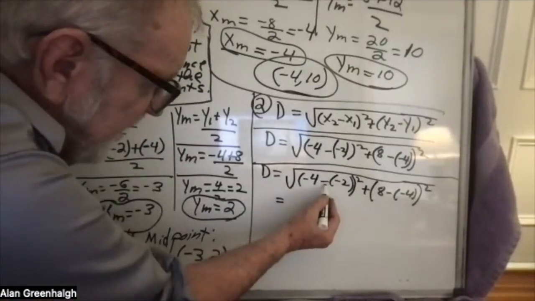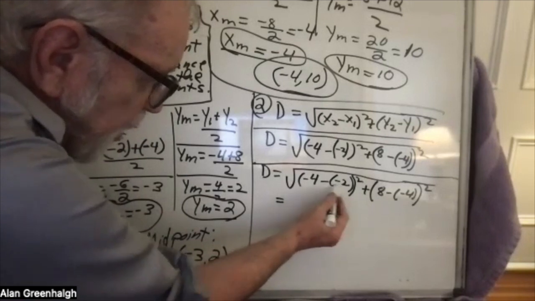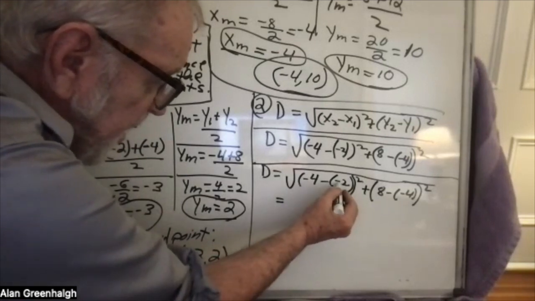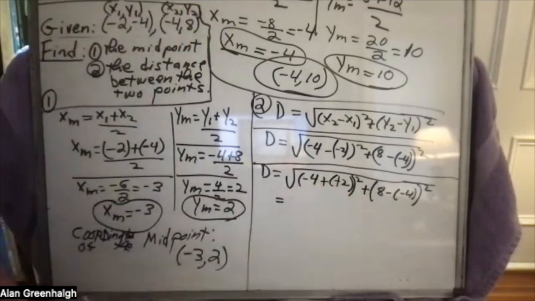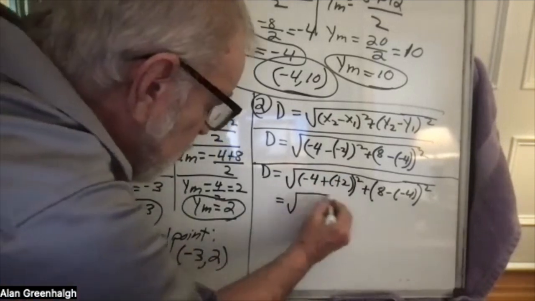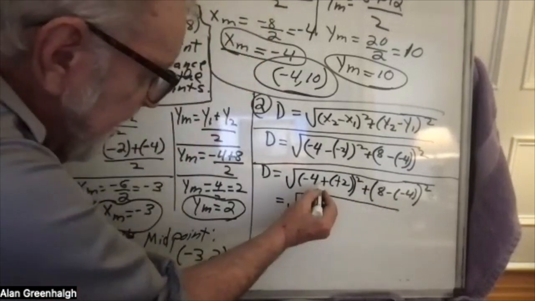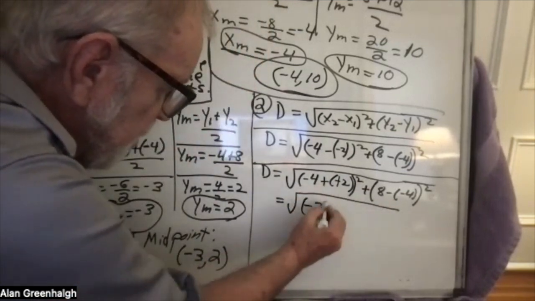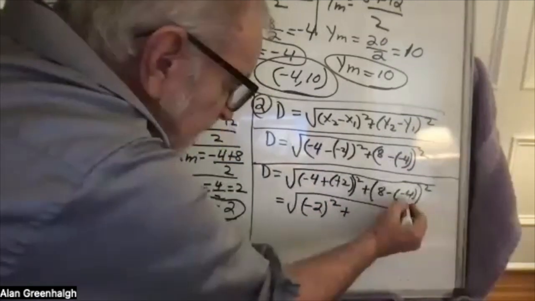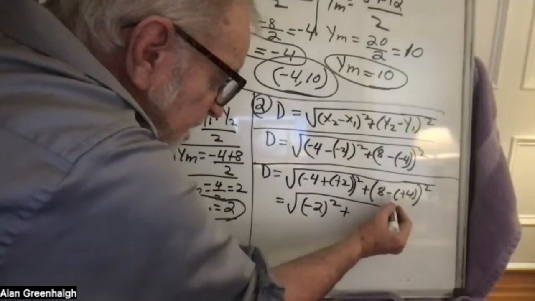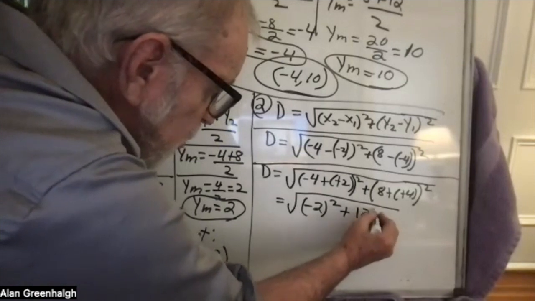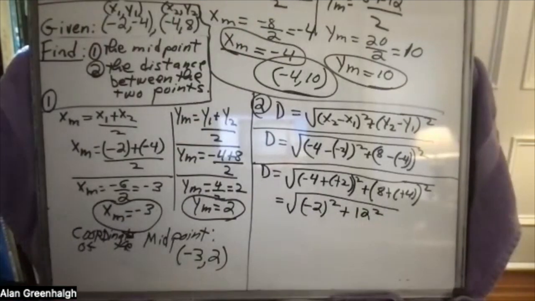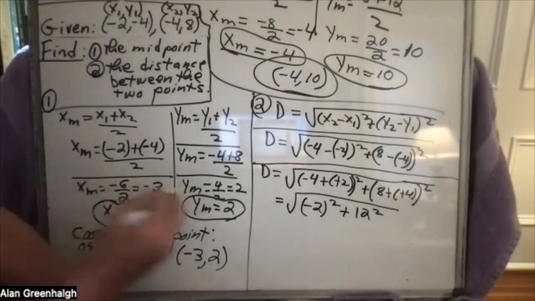When you're doing the operation of subtraction, you change the sign of the second number and you change the operation to addition. That's an algebra concept that you should know, but if you don't, I understand. -2 squared plus, again, change the sign of the second number, change the operation to addition. This is 12 squared. 8 plus 4 is 12.